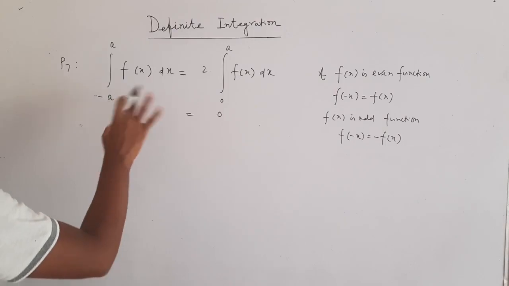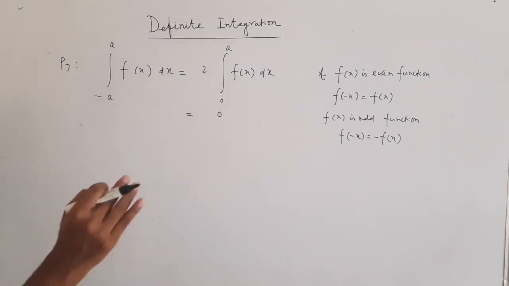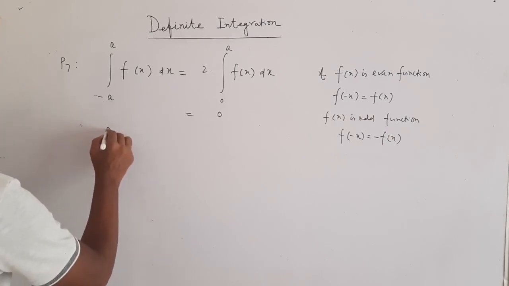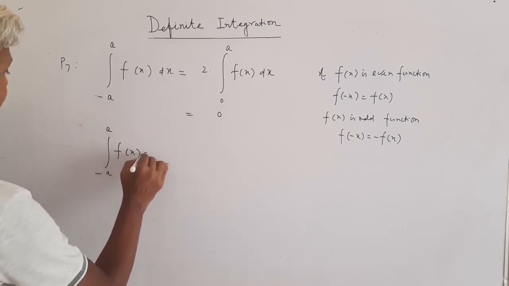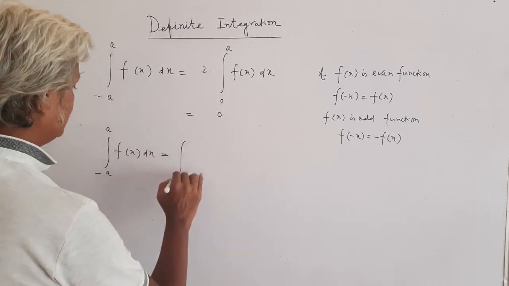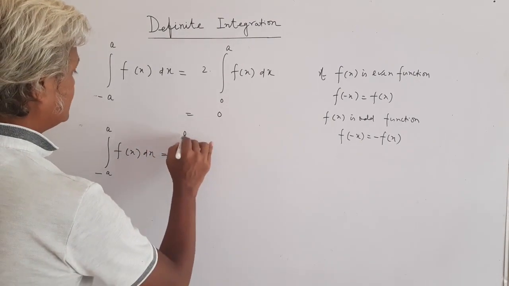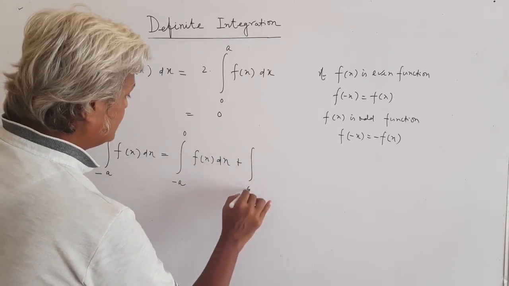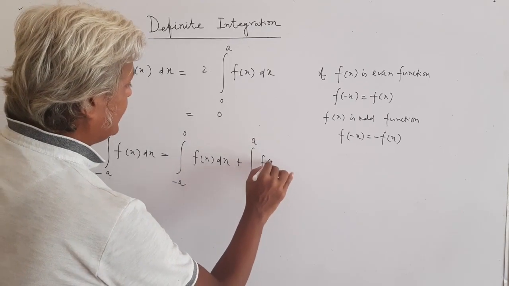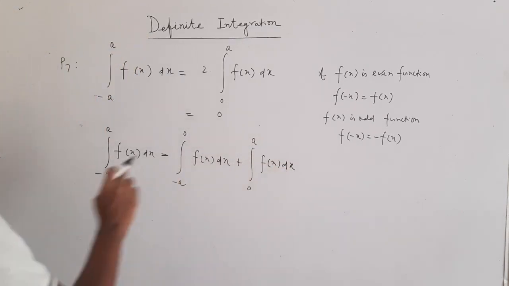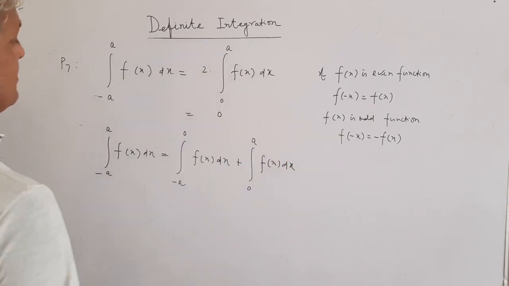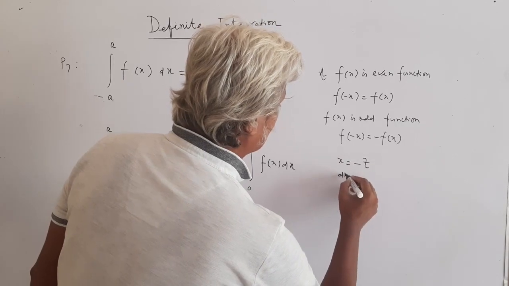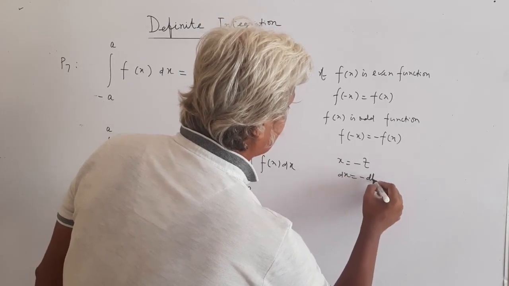Now again using this property, because between minus a and a we can have 0, so we write the integration from minus a to a of f(x) dx equals the integral from minus a to 0 of f(x) dx plus the integral from 0 to a of f(x) dx. Now I want to work on the first part because the other part is fine. So I say let x equal to minus t, so dx is minus dt.